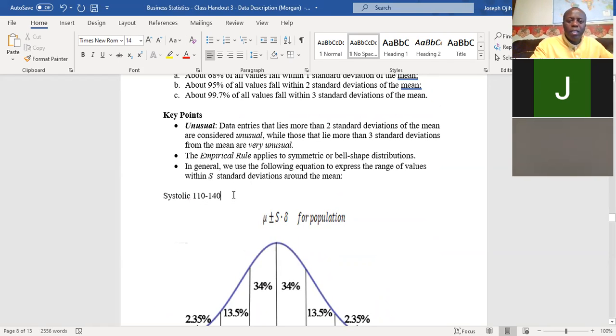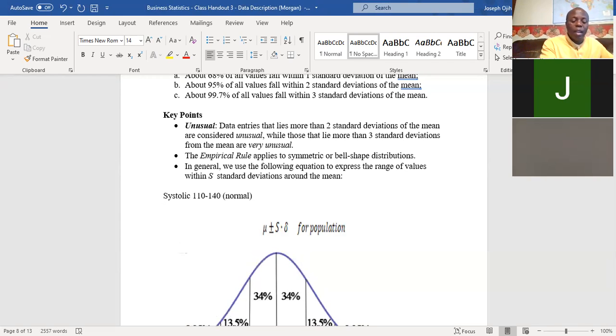How about this? The average birth weight of a baby. Now, the normal birth weight is usually about 6 pounds to 9 pounds. Okay, normal birth weights.